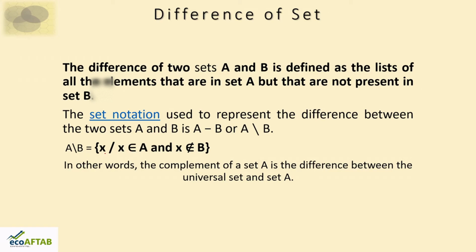Here A minus B is: X is an element, X belongs to A and X does not belong to B. X is in A but it should not be there in B. This is the difference between two sets.